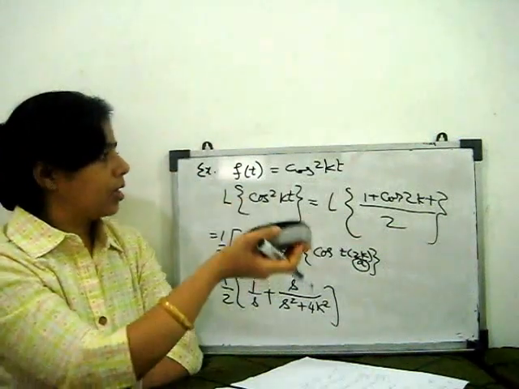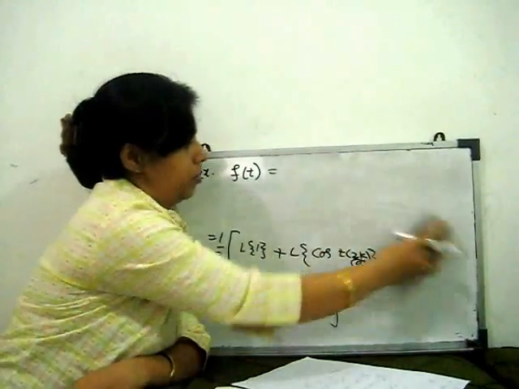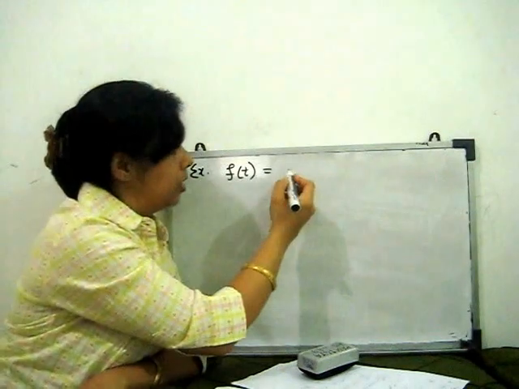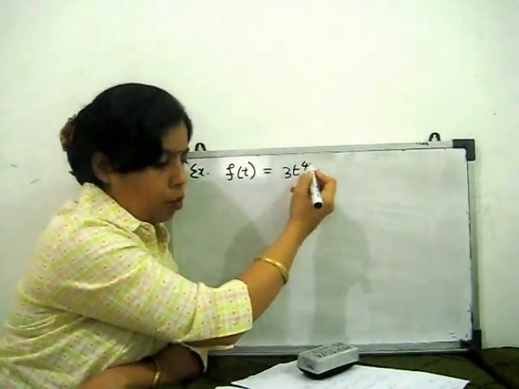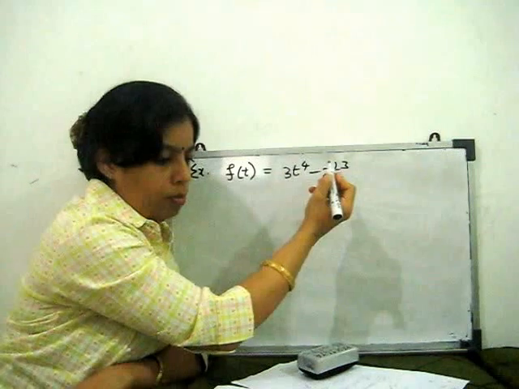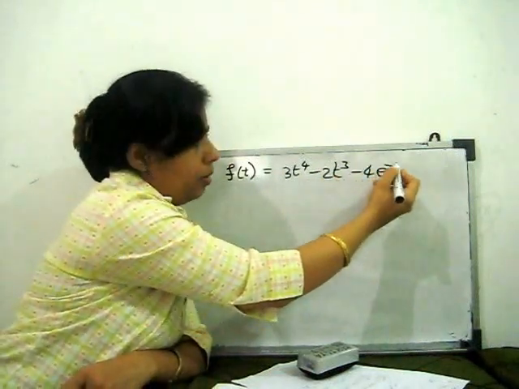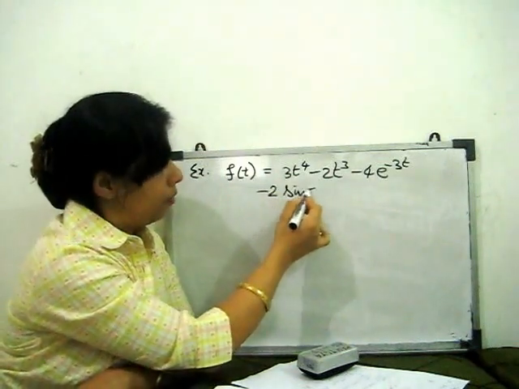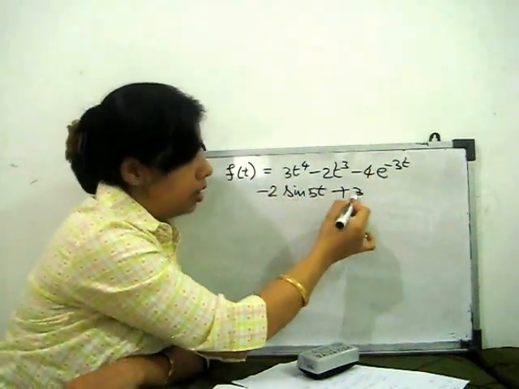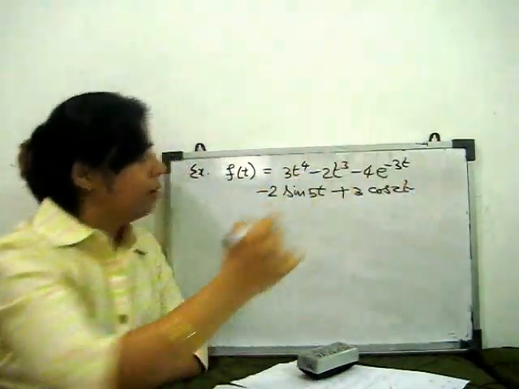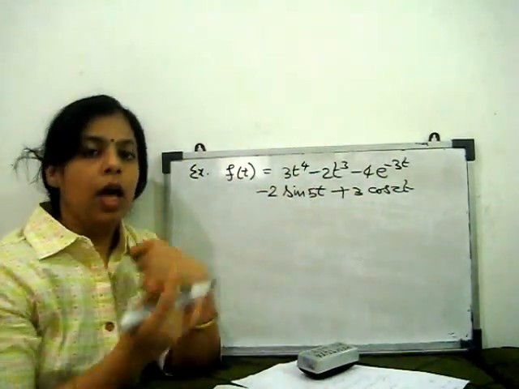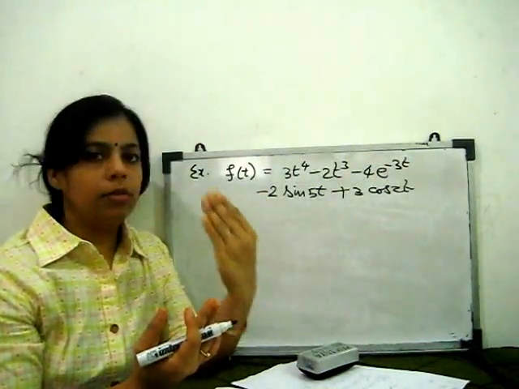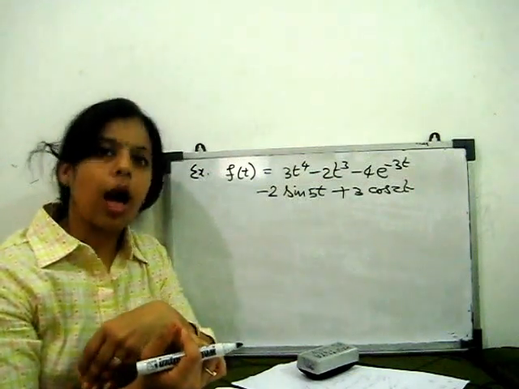Next, one more example. The function is 3t to the power 4 minus 2t cube minus 4 e to the power minus 3t minus 2 sin 5t plus 3 cos 2t. Find the Laplace transform of this function. Here we use the linearity property: we can take the Laplace transform of each term individually, taking the constants outside.